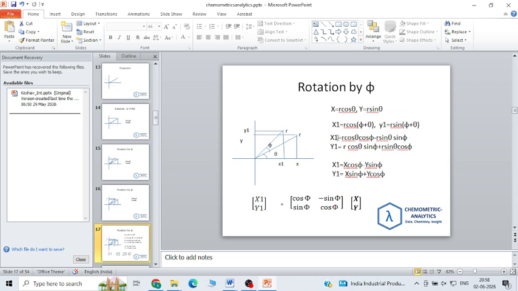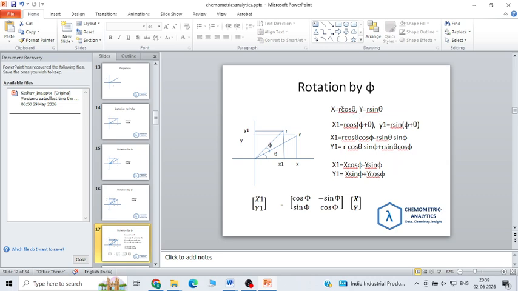If I expand this identity, x1 becomes r cos theta cos phi minus r sine theta sine phi, and likewise y1 becomes r cos theta sine phi plus r sine theta cos phi. It's a trigonometry relation, we all know this.